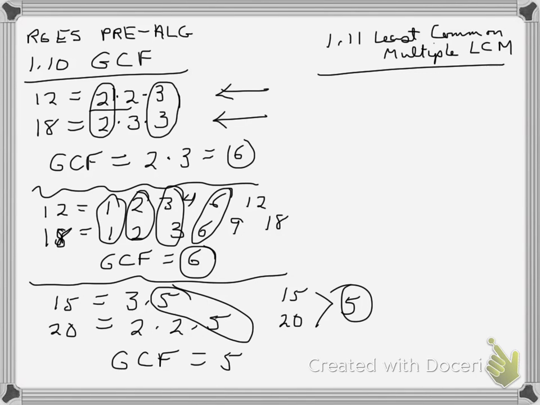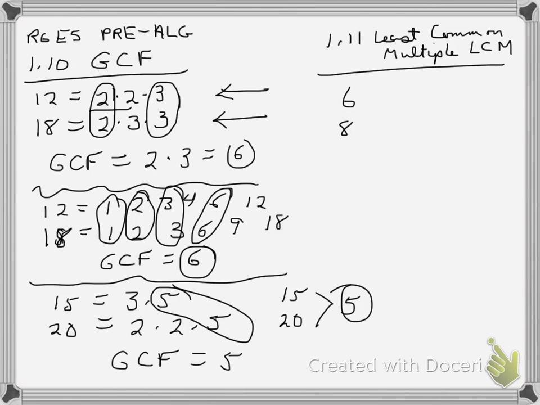The next idea in 1.11 is called the least common multiple. What I'm asking here is what is the smallest number that both can multiply evenly into? So let's say I have the numbers 6 and 8. There are a couple of different ways I can do this.